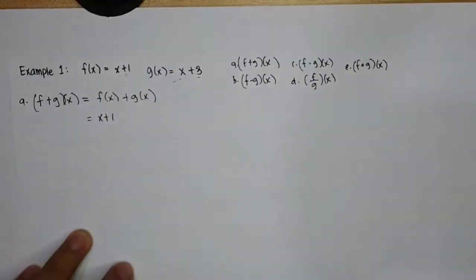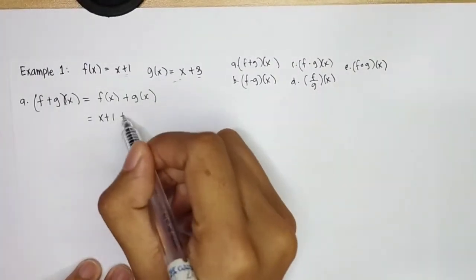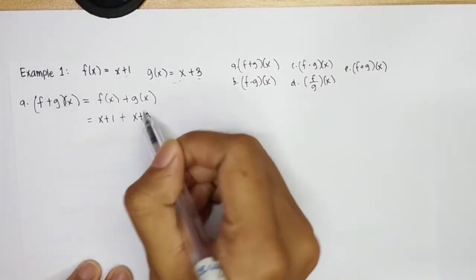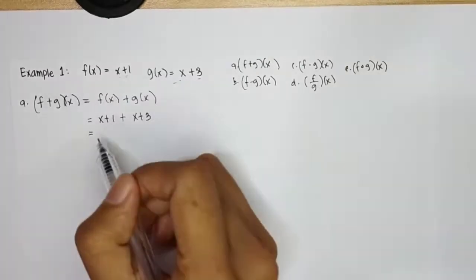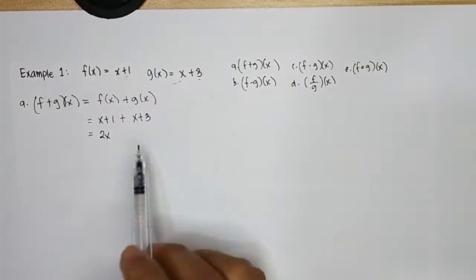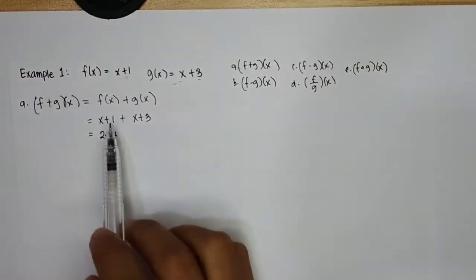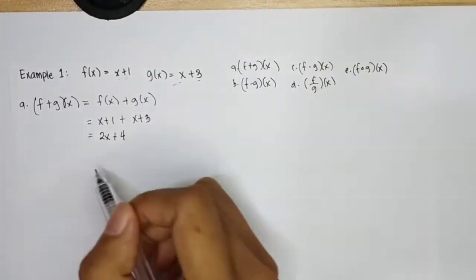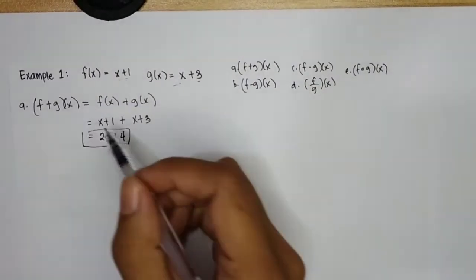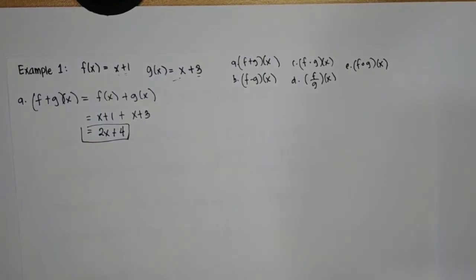Then we copy the value of g of x, that is plus x plus 3. So to get our answer, x plus x is 2x. Then 1 plus 3 is 4. So this is now our sum of the function, 2x plus 4.